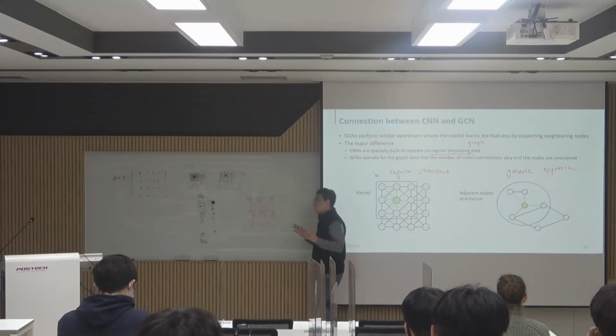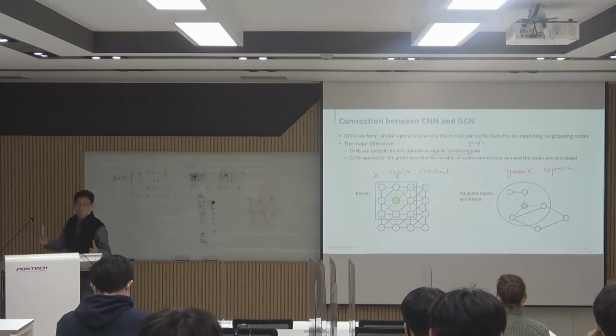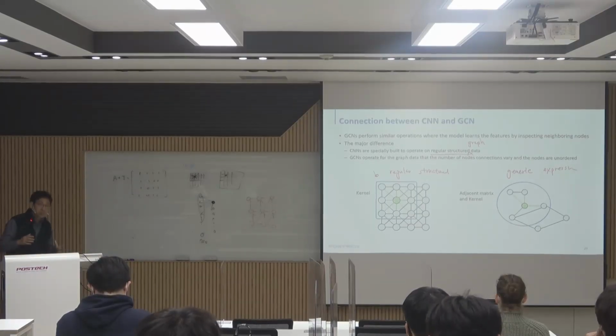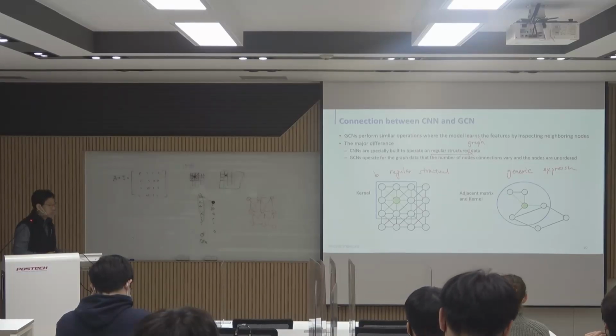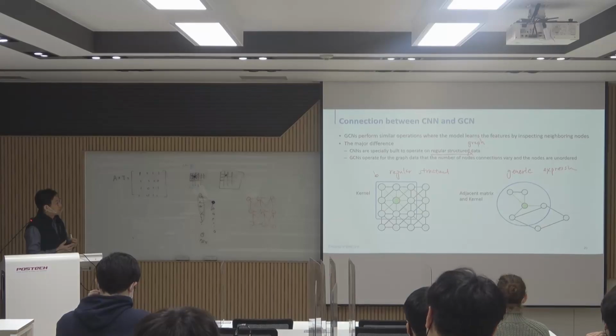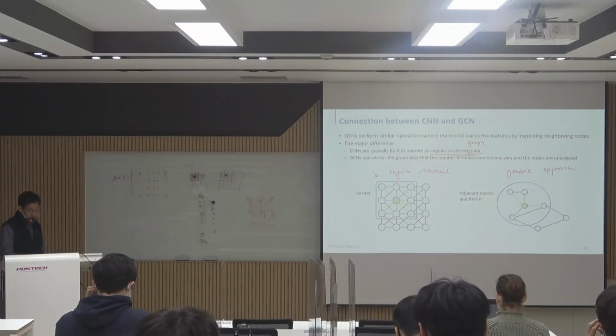Just remember, CNN is a very special, specific case of GCN. GCN is more generic and has the capability of representing more general structures of data, relationships, or connectivities.